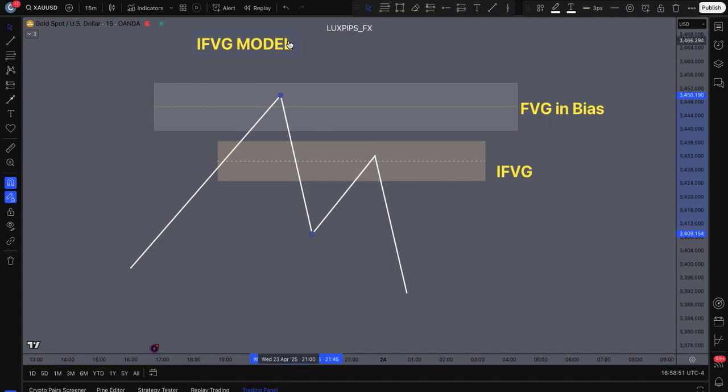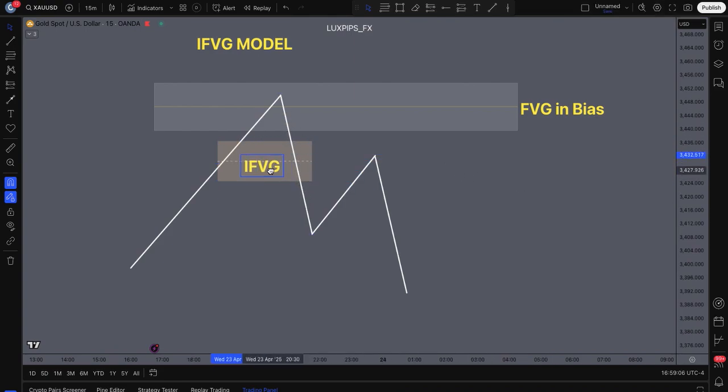What we want to see in this bear scenario, because this FEG is in our bias, right? We want to sell off. We want to see this FEG that was here at first be crashed through. So now this is your IFEG.